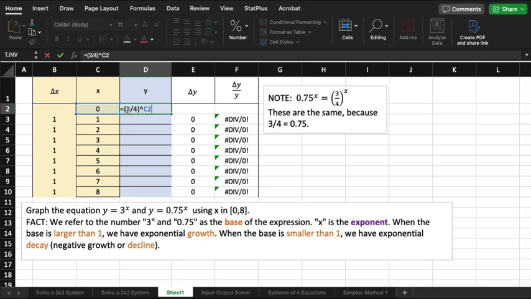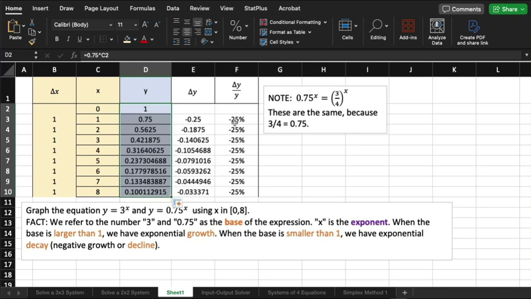So equals, parenthesis, 3/4, close parenthesis, caret C2 is the same thing as if we had just typed 0.75 caret C2. But make sure that you put the equal sign, because it's important that you tell Excel when you've got a formula that you want it to calculate. So fill down.